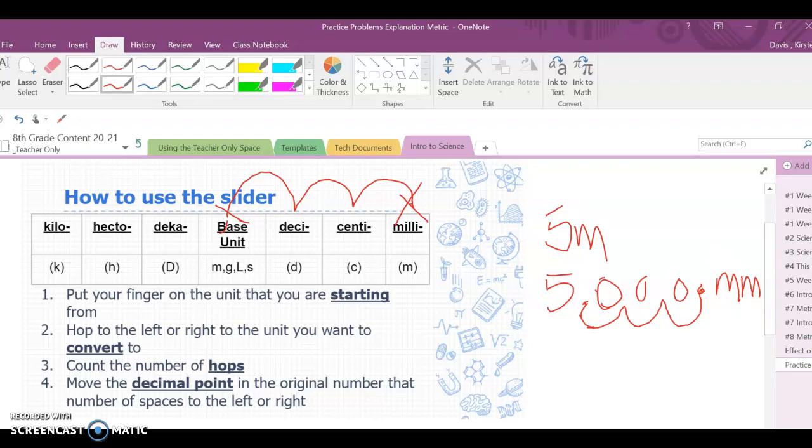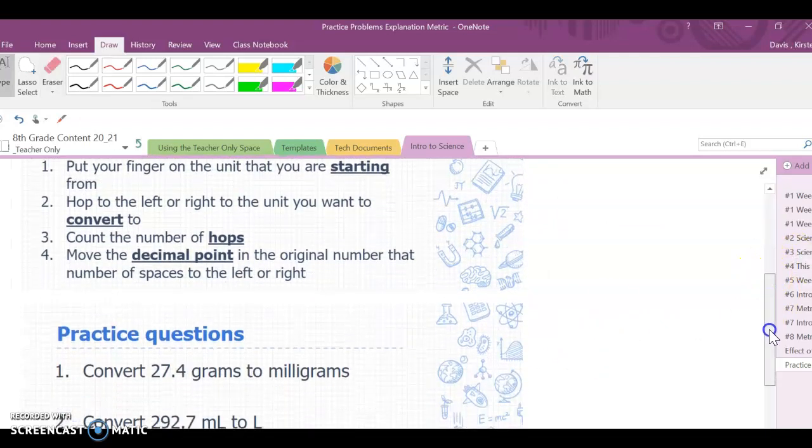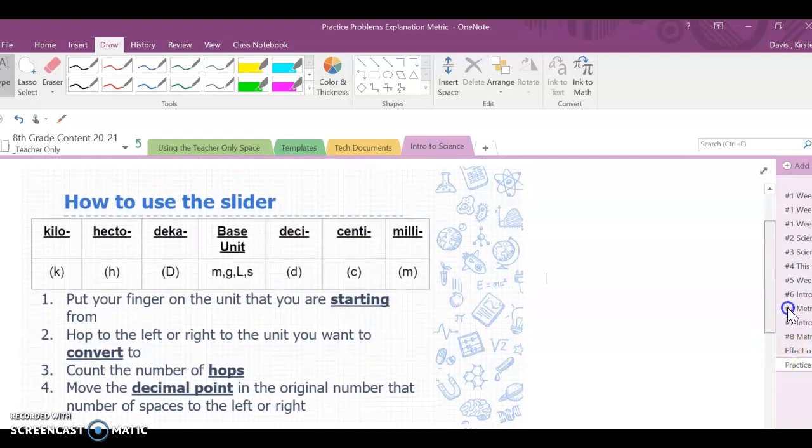All right, let's go ahead and use this slider scale for the first practice problem. Okay, first practice problem is to convert 27.4 grams to milligrams. So I'm going from grams to milligrams.